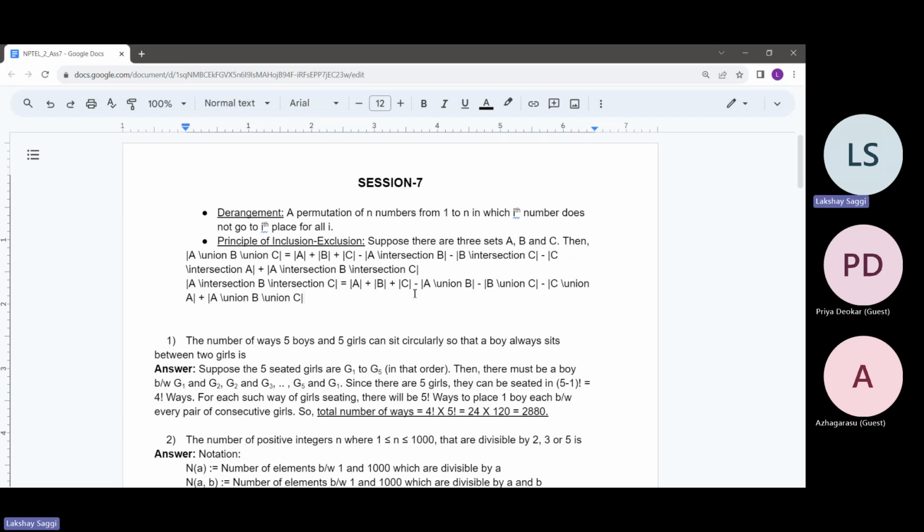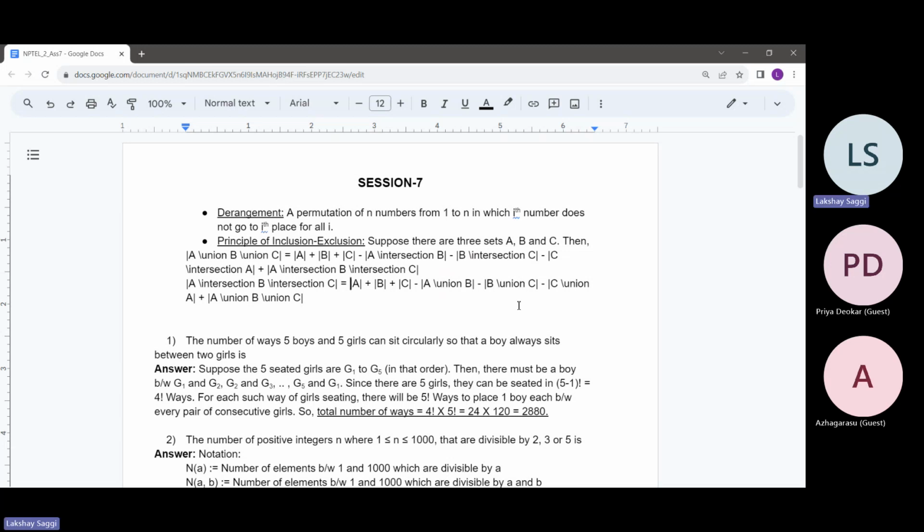So maybe you can check something, maybe in this I've done a bit of a mistake. Maybe all of these should be negative. Okay, no, I guess this is correct.